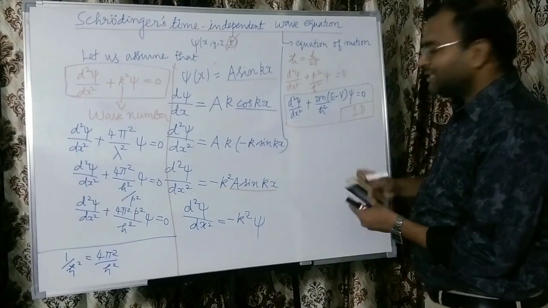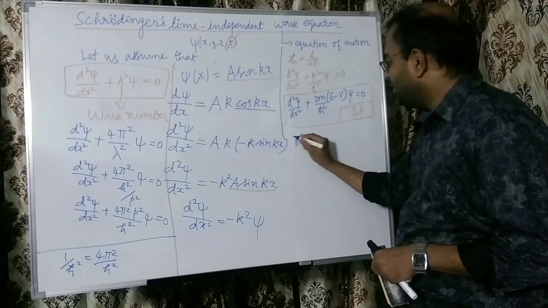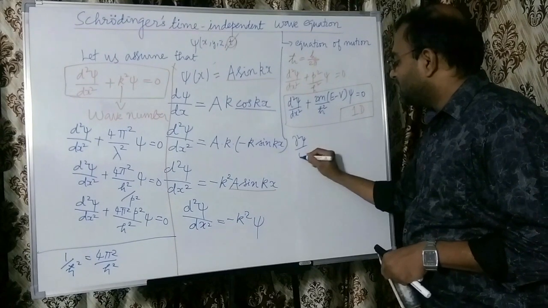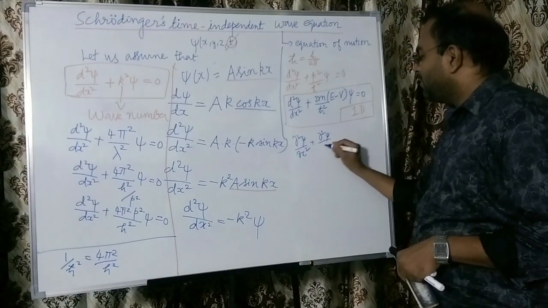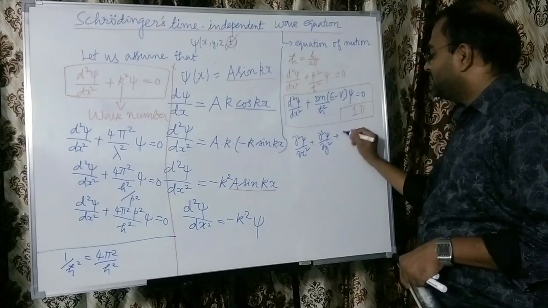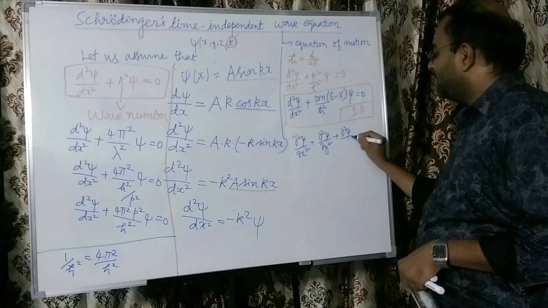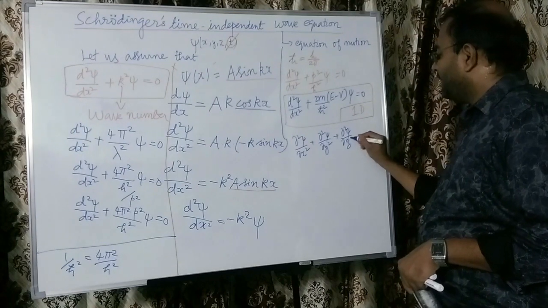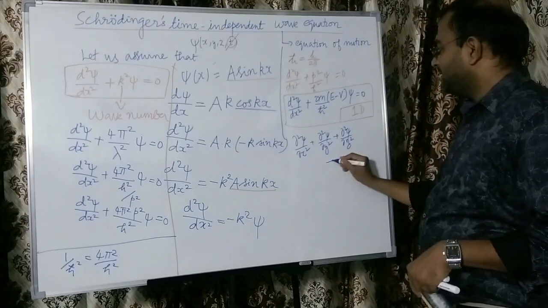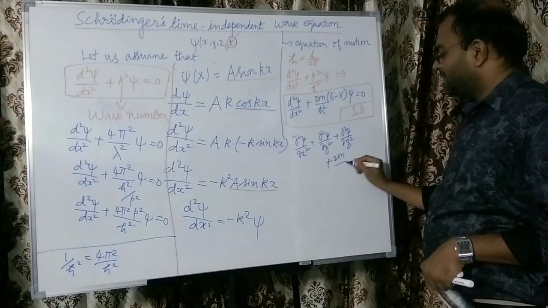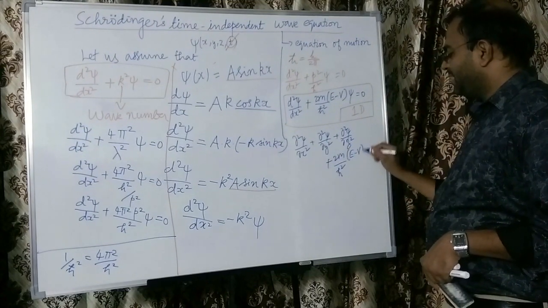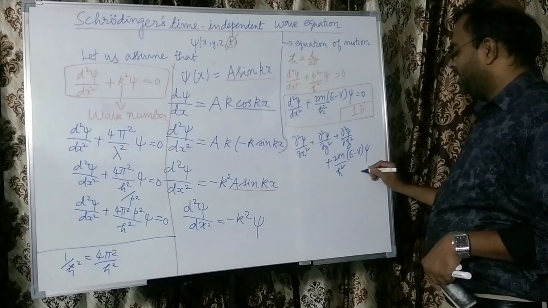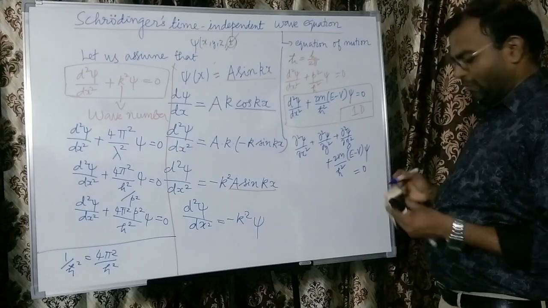What we have to use is partial derivative, so it should be actually dou square psi by dou x square plus dou square psi by dou y square plus dou square psi by dou z square plus 2m over h cut square multiplied by E minus V of psi is equal to 0.